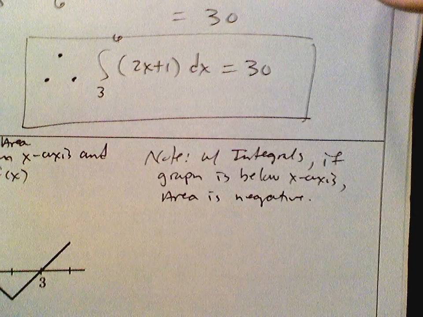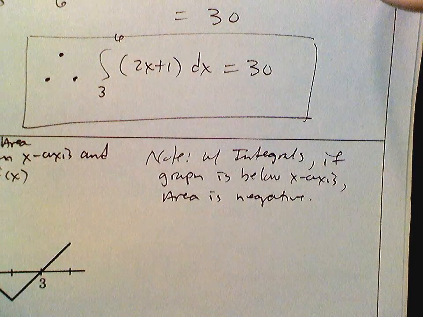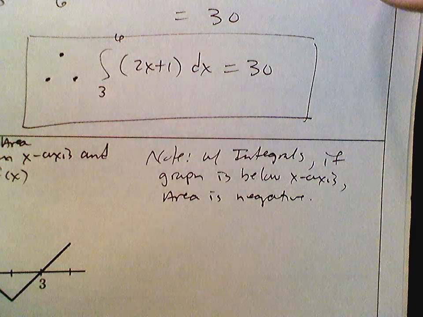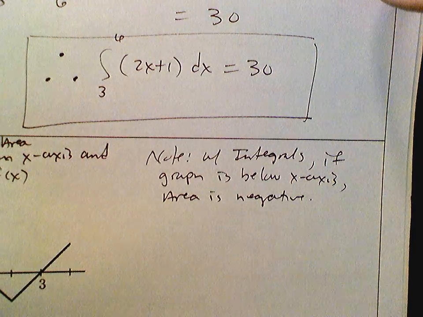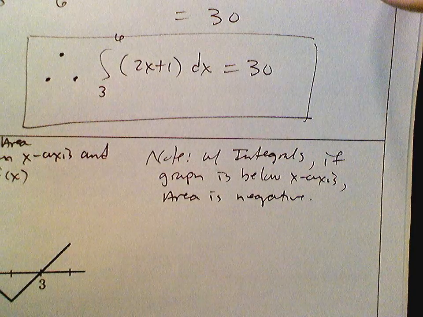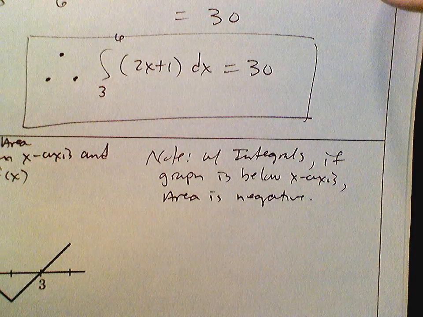Okay, before calculus, any areas you've worked with have always been positive. But in calculus, you can have negative area, and an area is negative when the graph is below the x-axis.